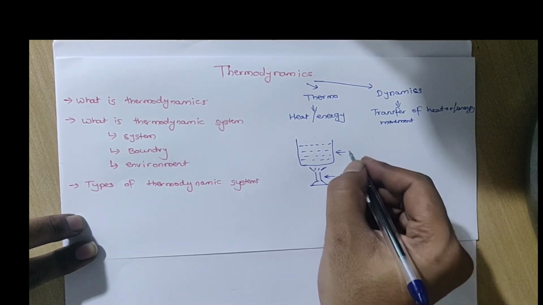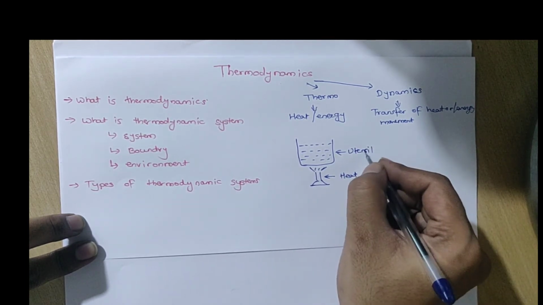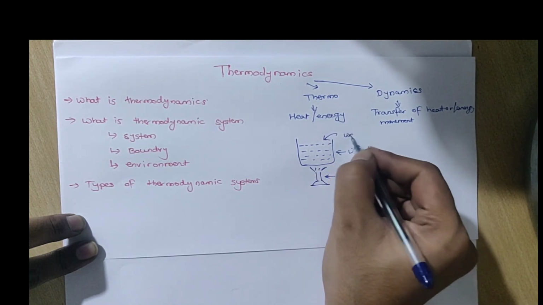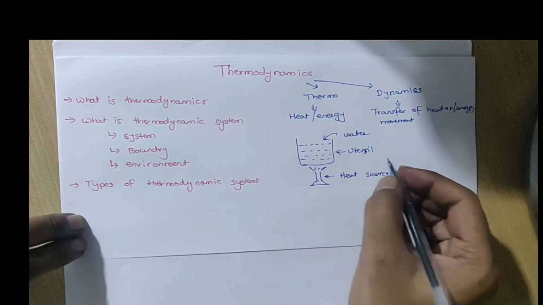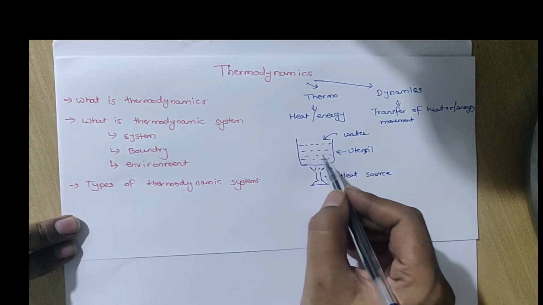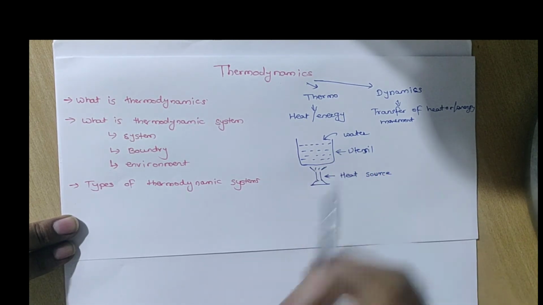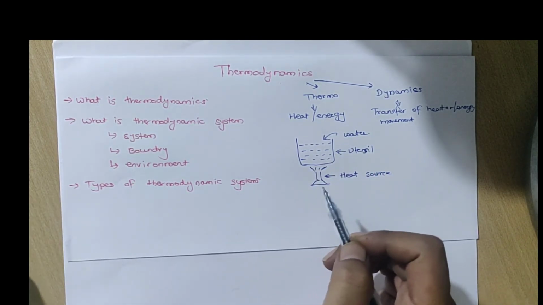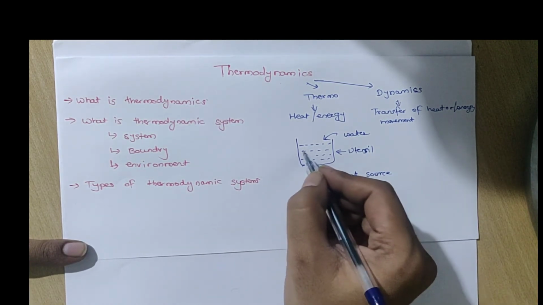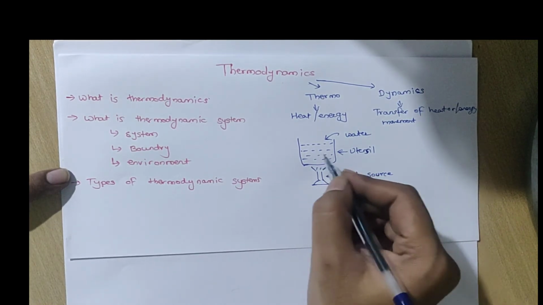This is the utensil which may be made of metal or something, and this is water. So in our case, we can consider we are interested in studying the properties of water, how it behaves, or thermodynamic properties of this water. So we can say in our case, the water present in this utensil is our system.